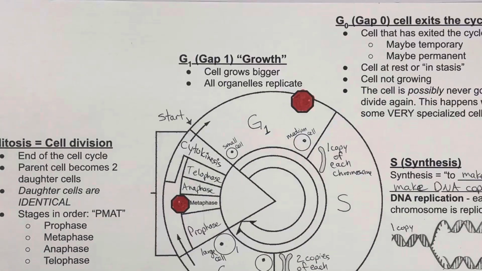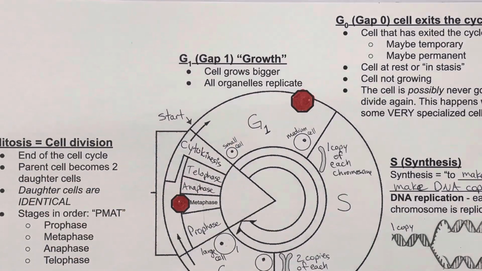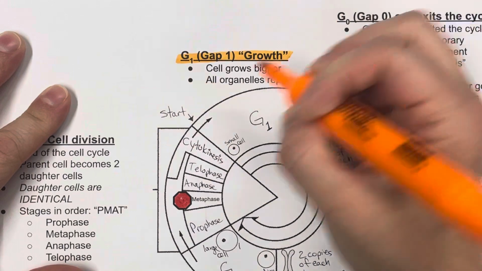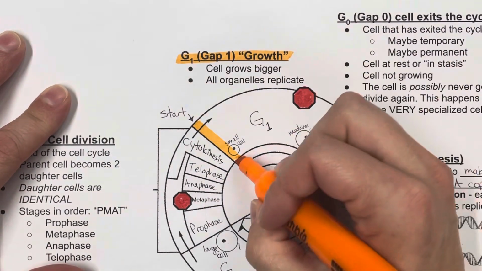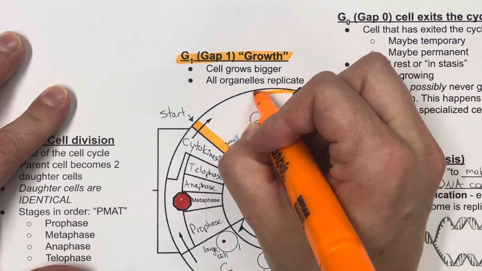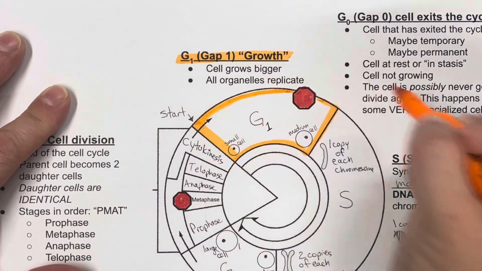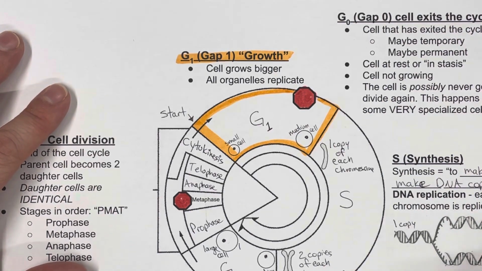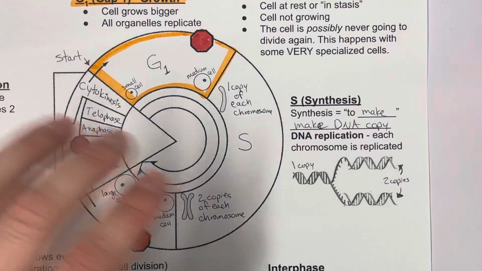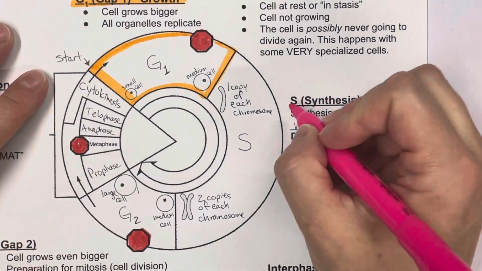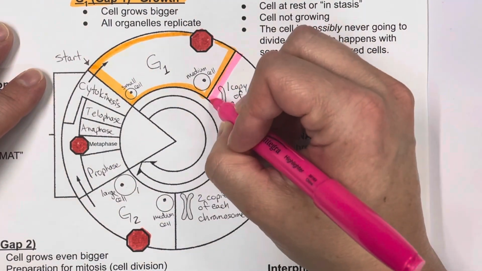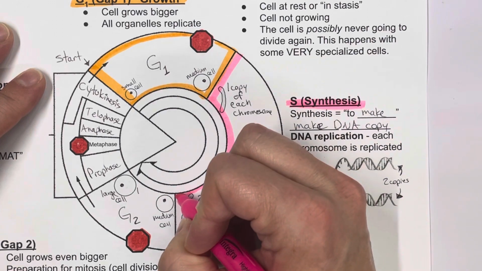All right, back to the beginning of the cell cycle. Gap 1, G1, starting right here. It doesn't have to be the marker, you can do this with the color pencil, that's fine. Synthesis, the making of the DNA, immediately follows G1.